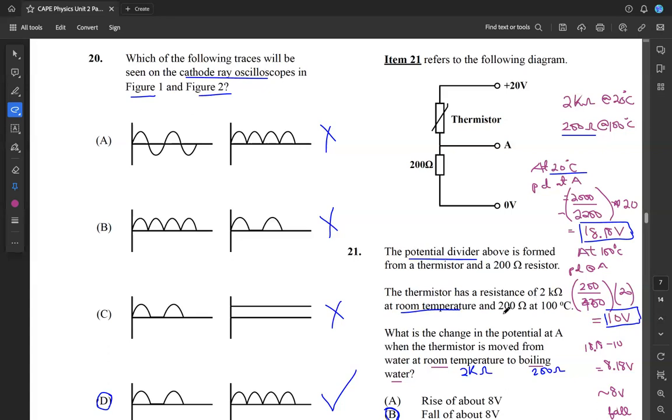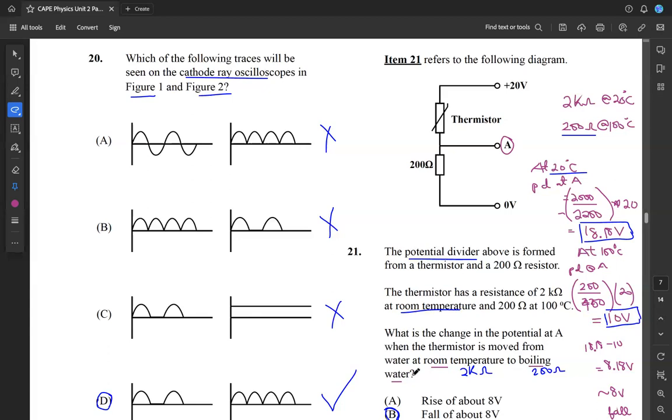So they told us the resistance of the thermistor at different temperatures. And now they're asking us, what is the change in the potential at A? At this point, what is the change in potential when we move this thermistor from water at room temperature to boiling water?